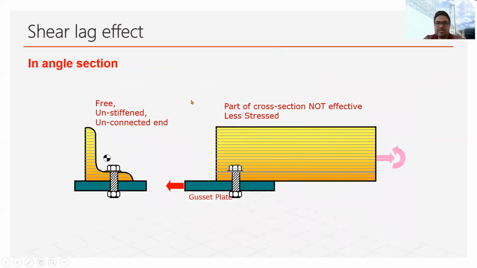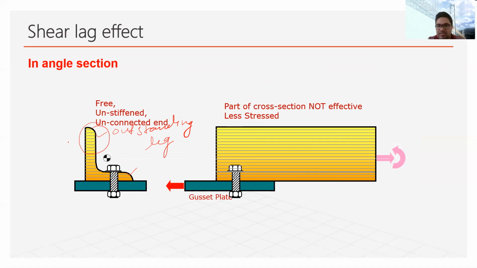Now talking about the shear lag effect. In the previous slide I was discussing that when we use an angle, and we connect one leg of the angle and the other leg is disconnected, we call it the outstanding leg. So this leg is not utilized properly.